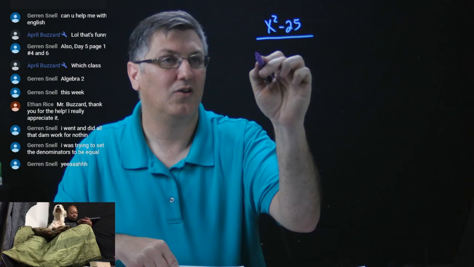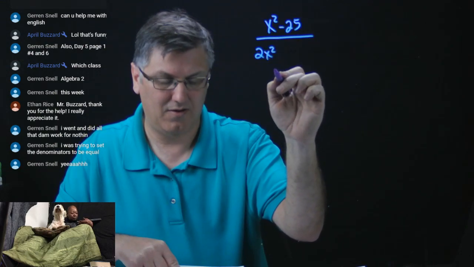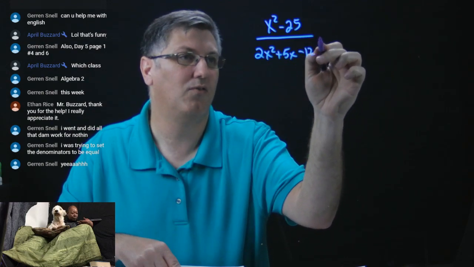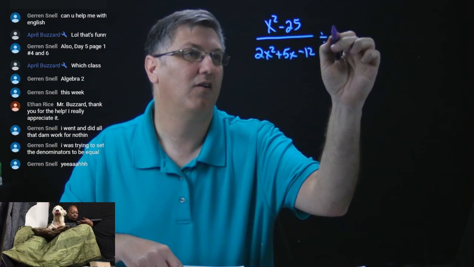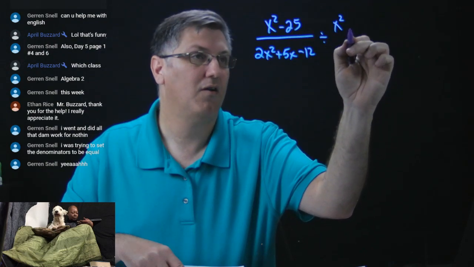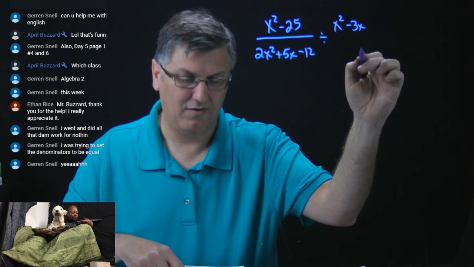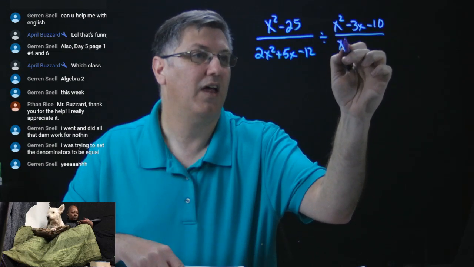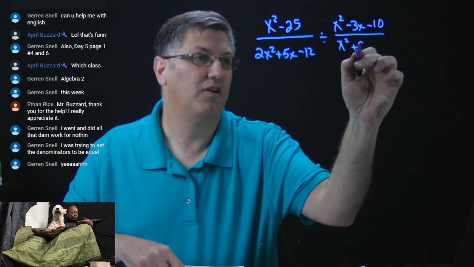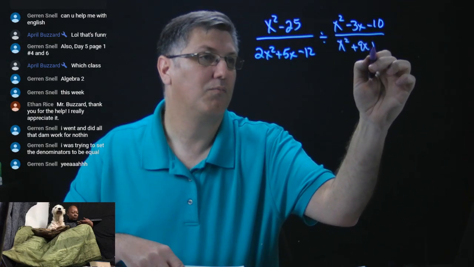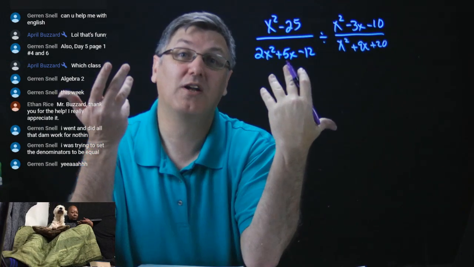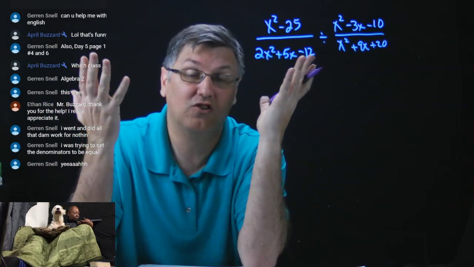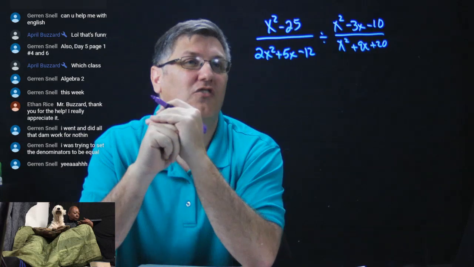Over 2x squared plus 5x minus 12, divided by x squared minus 3x minus 10, divided by x squared plus 9x plus 20. Okay, you probably can guess at this point, I'm going to say factor everything first because it's rational functions. You're going to factor everything. That's how I set this up.